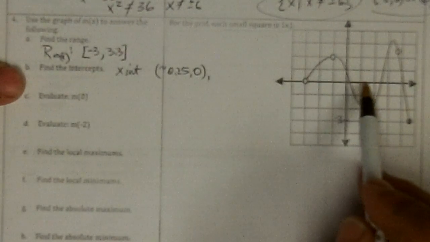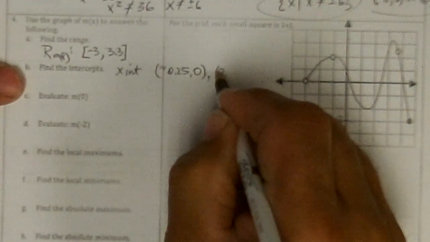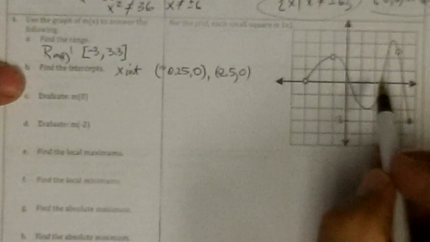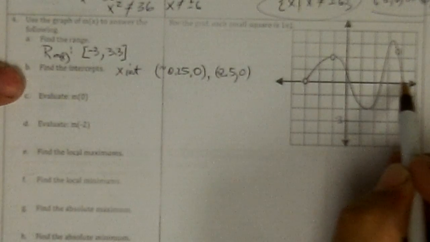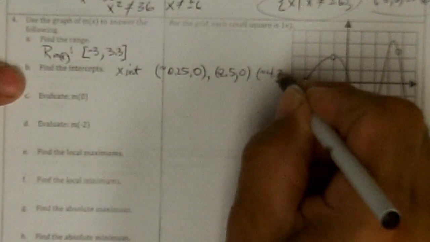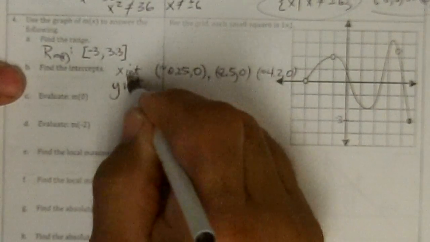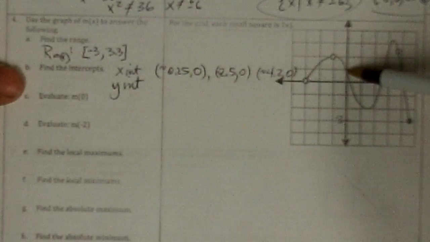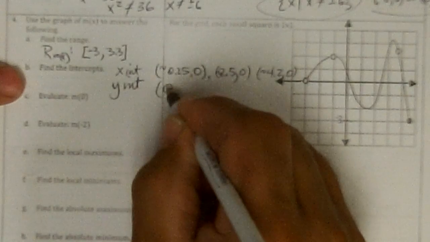Crosses again at about 2.5. Approximately 2.5. And looks like it crosses again at 4.2. Approximately 4.2. And the y-intercepts, looks like there's only one, and it looks like it's about 0.9. Approximately 0.9.